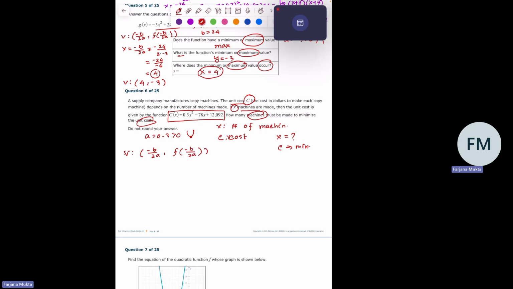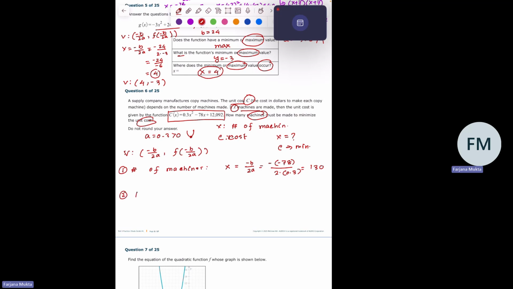Our first question, the number of machines, is the x coordinate of the vertex. So x equals -b over 2a. Here b is -78, divided by 2 times a, which is 0.3. Let's go ahead and use your calculator to solve it. 78 divided by 0.6, I got 130, the number of machines. Go ahead and check by yourself, right?